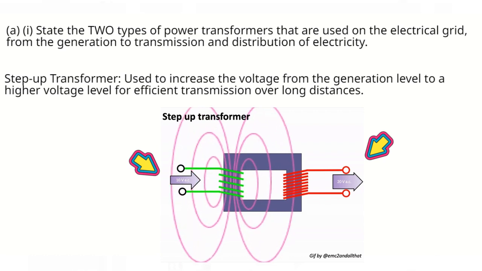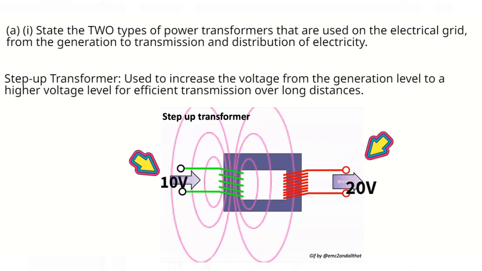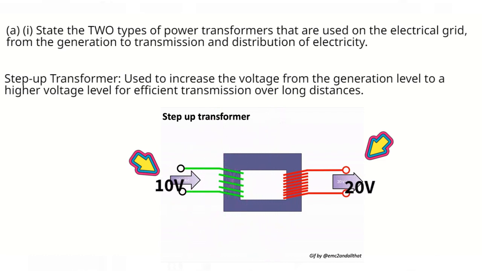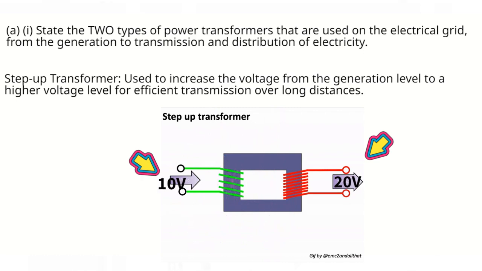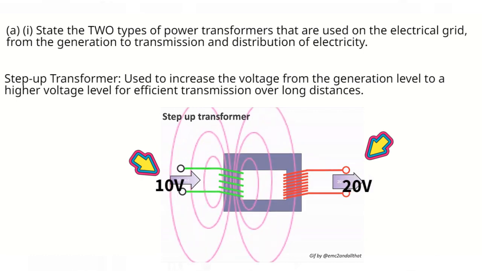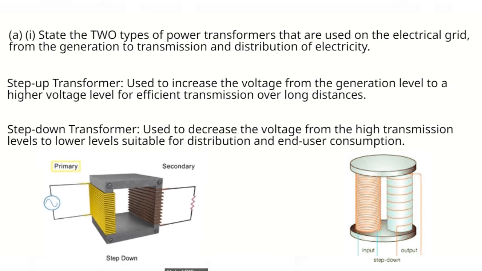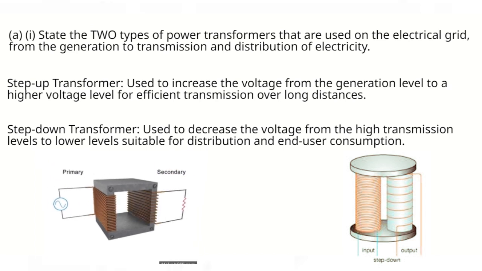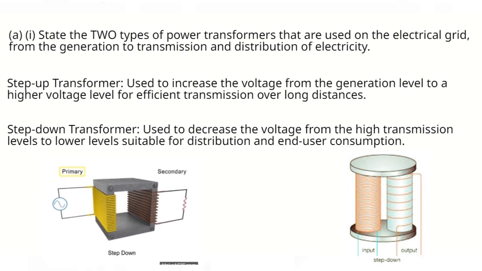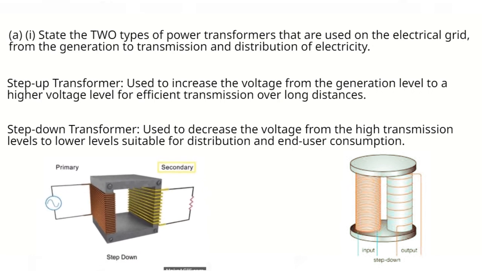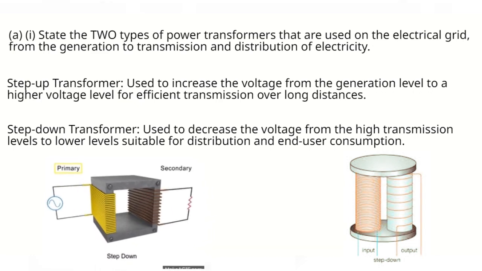A step-up transformer is used to increase the voltage from the generation level to a higher voltage level for efficient transmission over long distances. The second one is a step-down transformer, and this is used to decrease the voltage from a high transmission level to lower levels suitable for distribution and end user consumption, such as you and I.